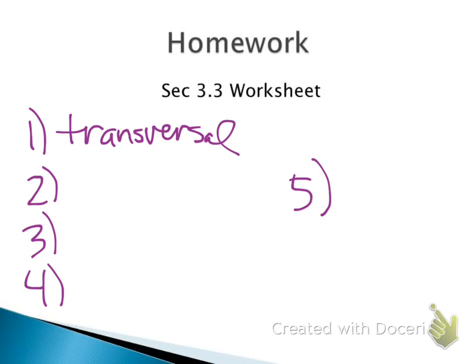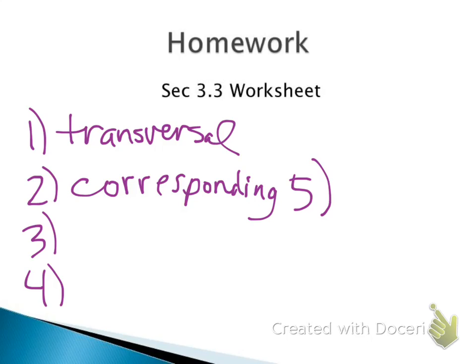Number 2, 2 angles are blank if they occupy corresponding positions. It's kind of tricky because the word is actually in there already. Corresponding, yes. Corresponding positions means corresponding angles.